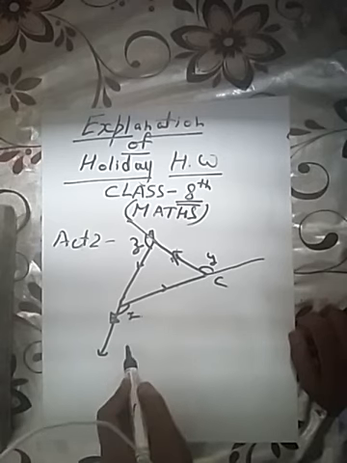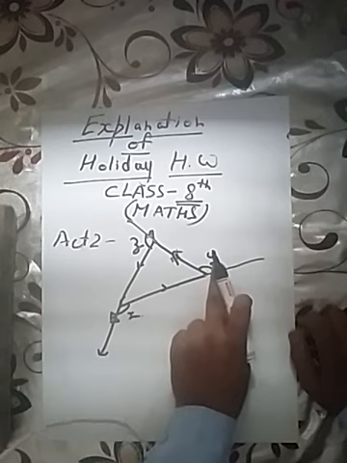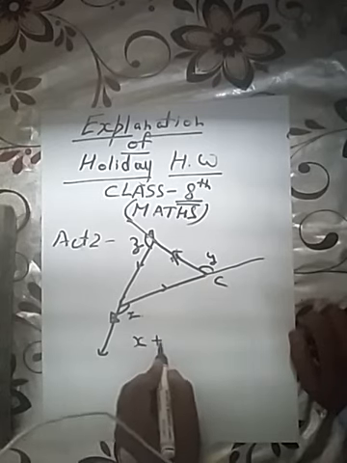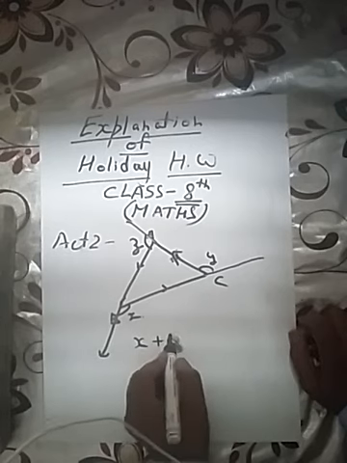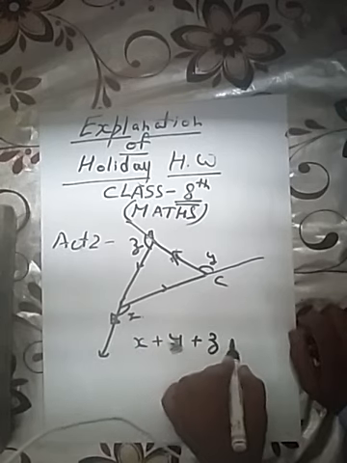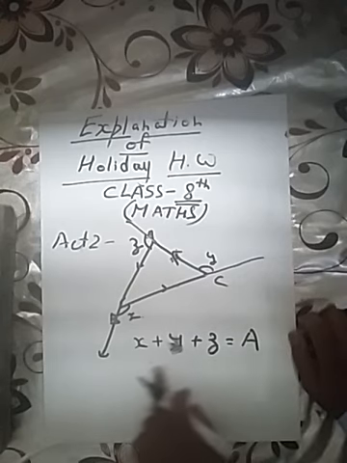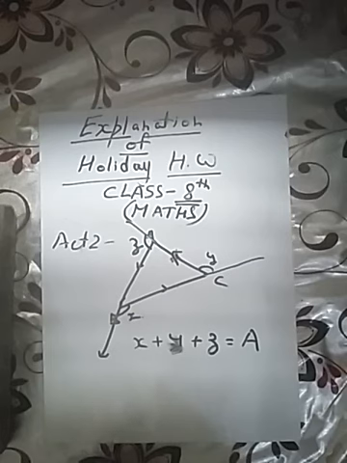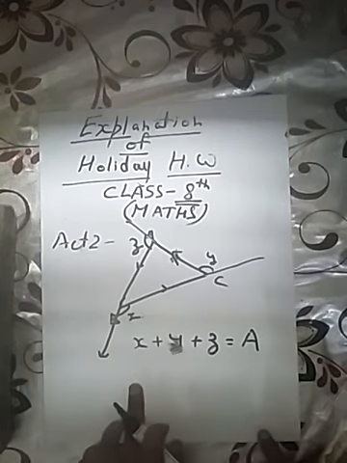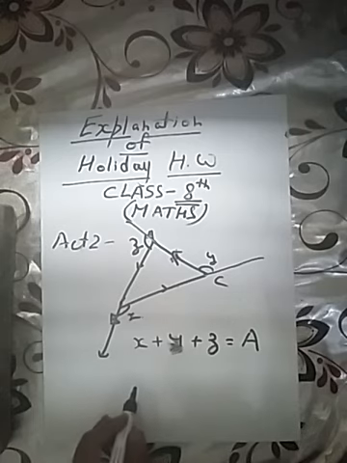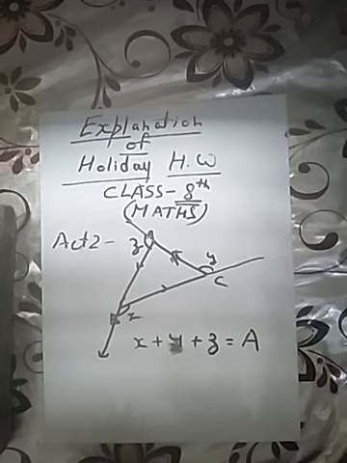When you add up all these, you will get some number here, let it be capital A. Similarly, you have to do it for the quadrilateral, pentagon and the others. Then the third question is, is the above sum the same for each case? That I am leaving to you to find out.